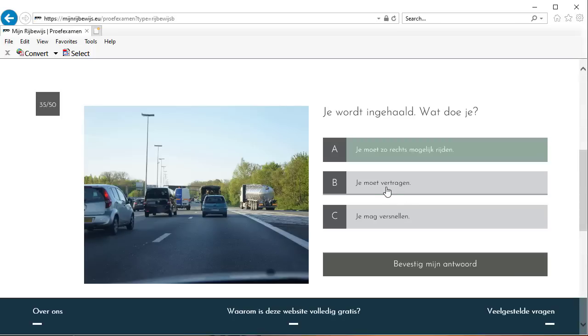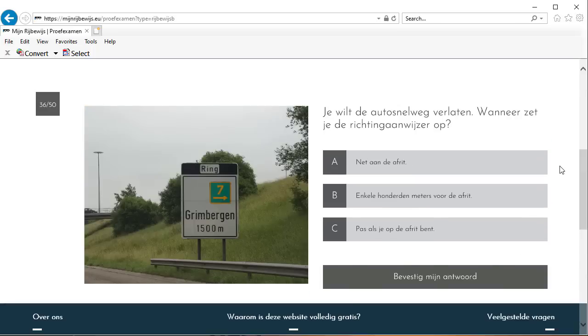You want to exit the motorway. When will you put on your right indicators? Option A is right when you are on the exit lane. Option B is a few hundred meters before the exit lane.